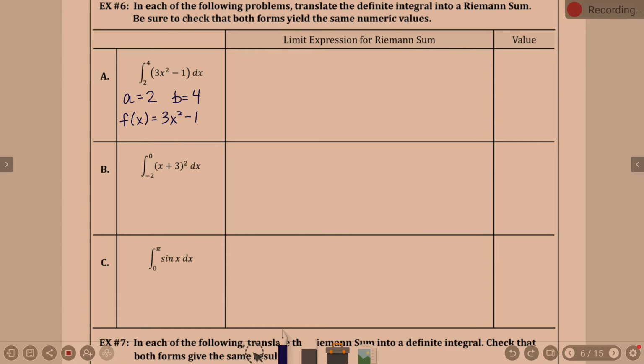We need to find delta x. How do I find delta x? 4 minus 2. Oh, okay. I think your brain was thinking ahead there. 4 minus 2 divided by n. So delta x is 2 over n.